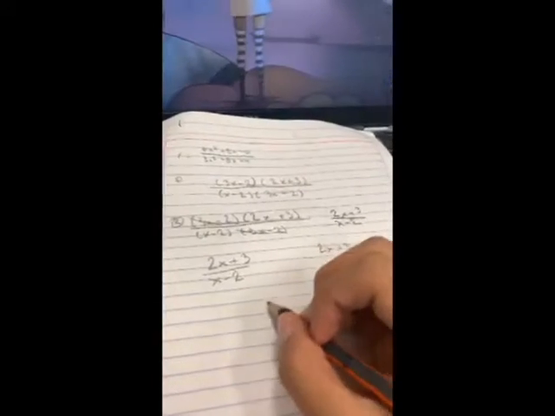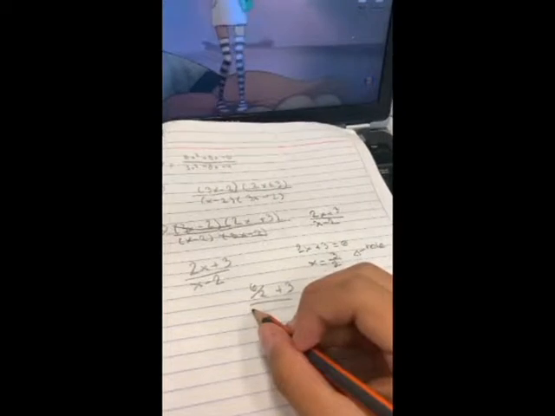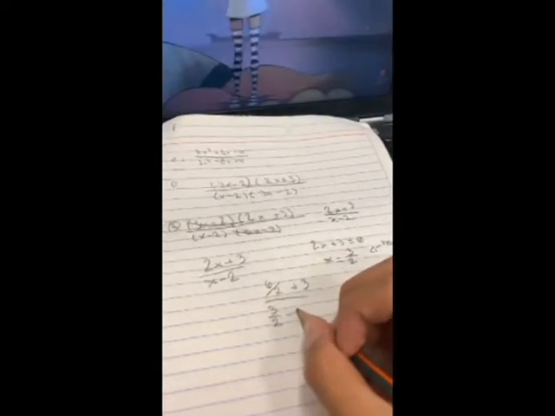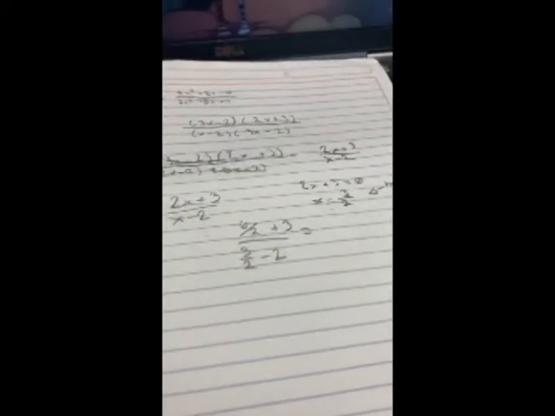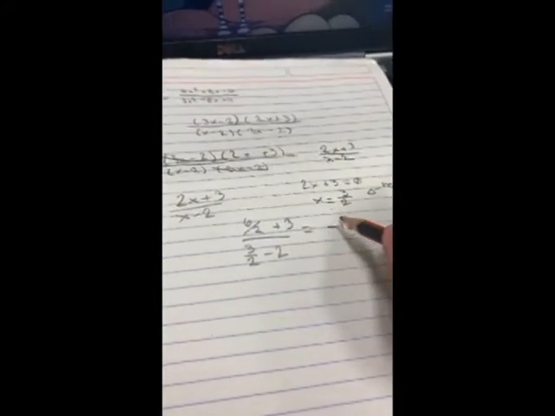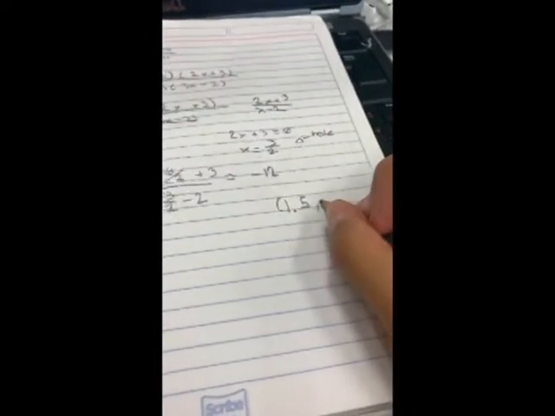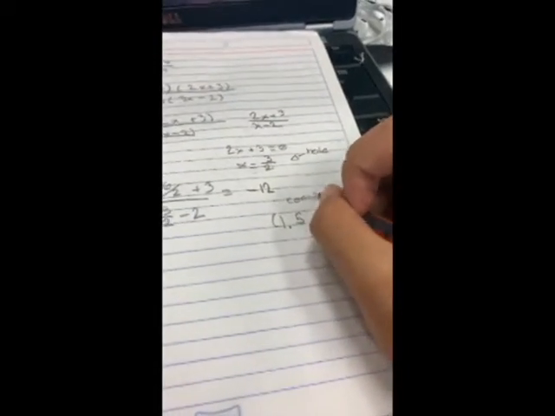So it's going to be 6 divided by 2 plus 3 divided by 3 divided by 2 minus 2. Okay, so that's going to give us minus 12. So that's the number of the y, because we're substituting the x, right? So the coordinates for the hole is going to be 1.5 and minus 12. That's going to be the coordinates.